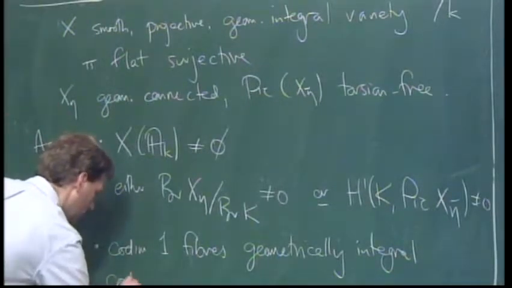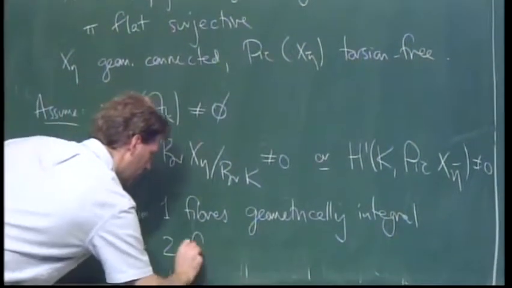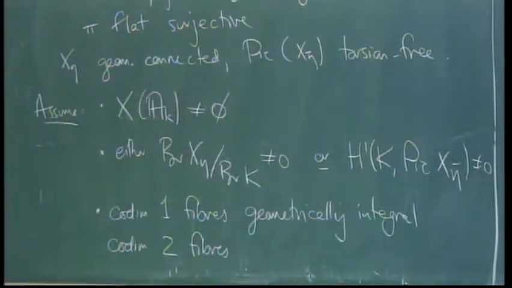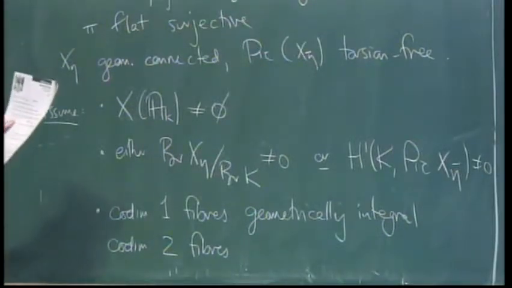So codimension 2 fibers, I don't need to assume much. I just need to assume that they're at least smooth somewhere. So that's the same as having at least one component which is reduced. Multiplicity 0, multiplicity 1. Okay. So they contain a component of multiplicity 1.